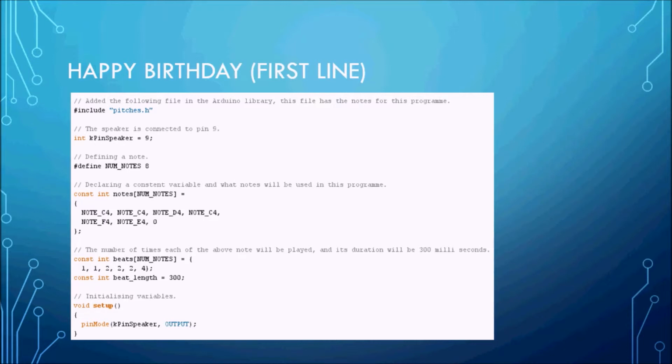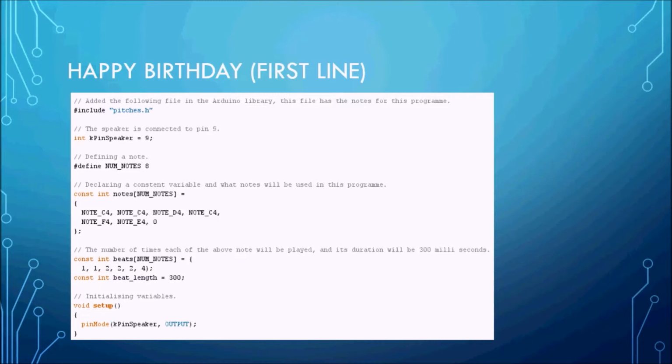Immediately after, I have declared a variable for the speaker which is connected to pin 9, and then declared some notes that I need to play the first line of Happy Birthday. These notes will be played for a number of times.